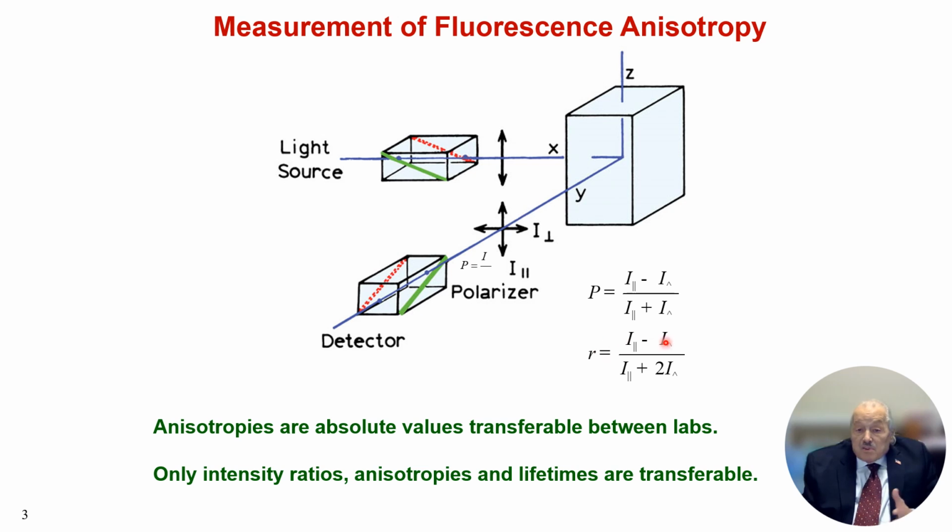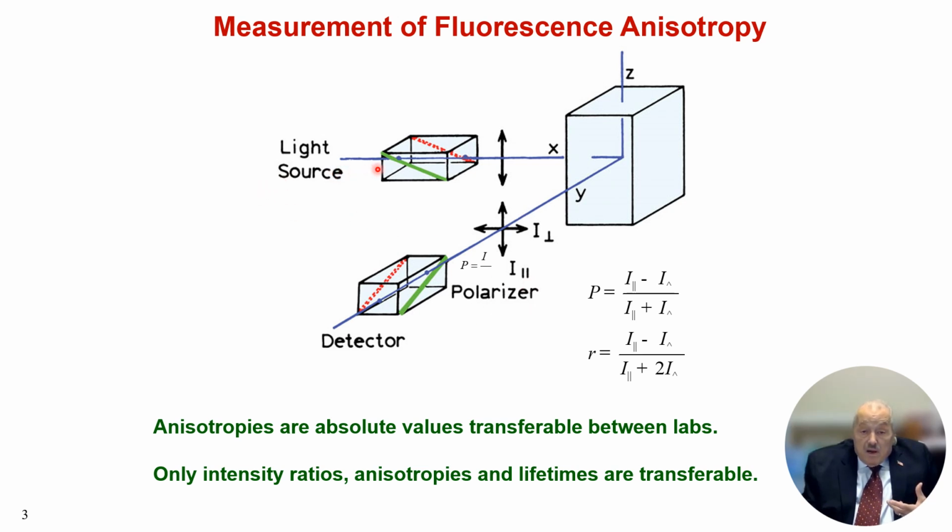So let's first look at the measurement of anisotropy. Basically, you start with your normal square cuvette and your light sources, but in this case you have polarizers in the excitation and the emission beams.